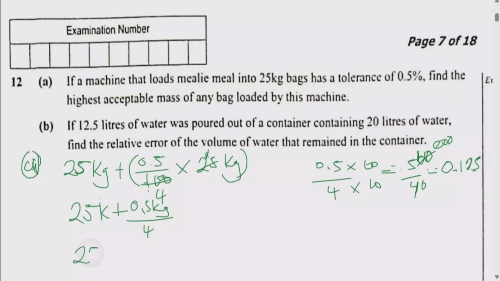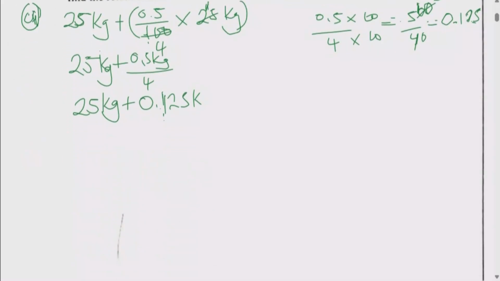So that means we're going to have 25 kg plus 0.125 kg. We combine 25 plus 0.125.